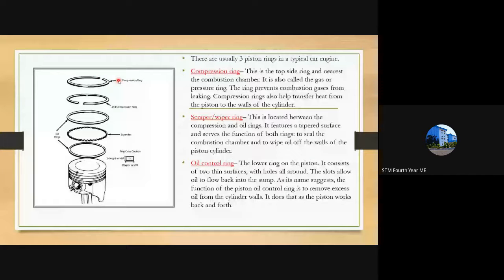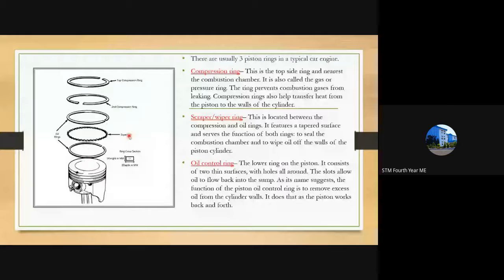Then the oil rings serve the purpose of, so you can see there are two oil rings here. There is an expander here. It is almost assembled into one. When you look at the oil ring in a piston of an engine, or when you dismantle an engine, you see that the oil rings are meshed with each other using the expander.